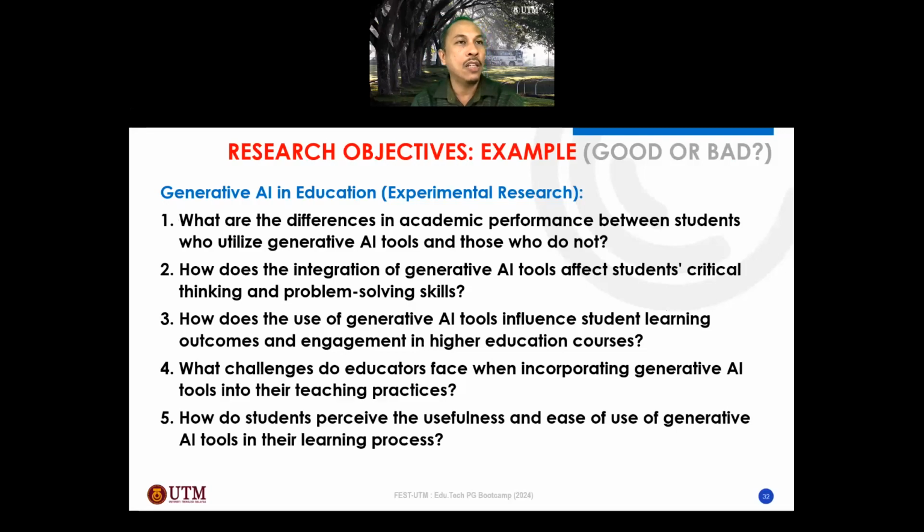The research focus is generative AI in education, and based on the research objective or research question, we can assume this is experimental research, because the first research question mentions what the difference in academic performance is between students who utilize a generative AI tool and those who do not. Meaning that there are 2 groups. So we can say this may be experimental research, and this may be quasi-experimental research. Okay?